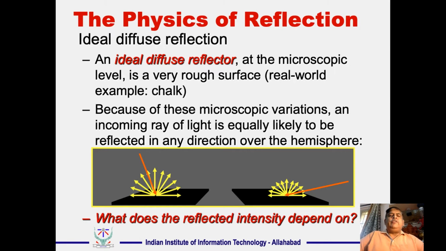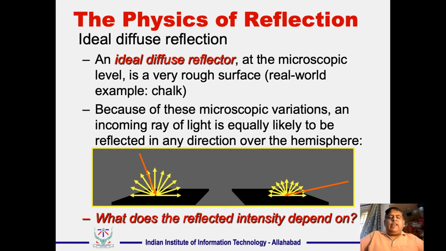The ideal diffuse reflection: an ideal diffuse reflector at a microscopic level is a very rough surface, a real world example being chalk. Because of these microscopic variations, an incoming ray of light is equally likely to be reflected in any direction over the hemisphere.